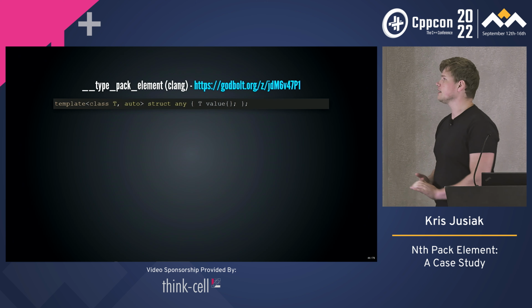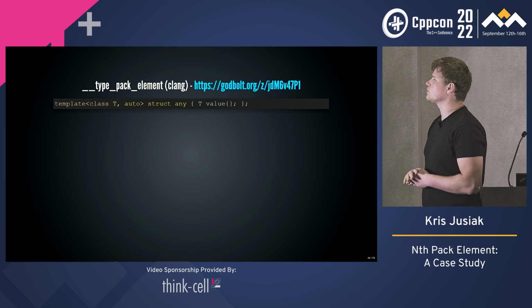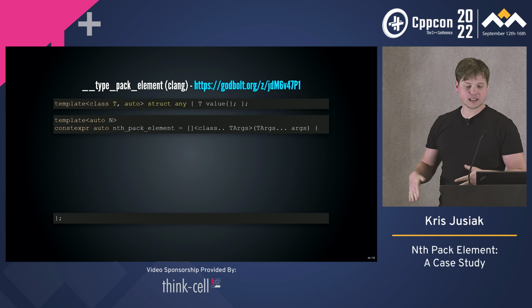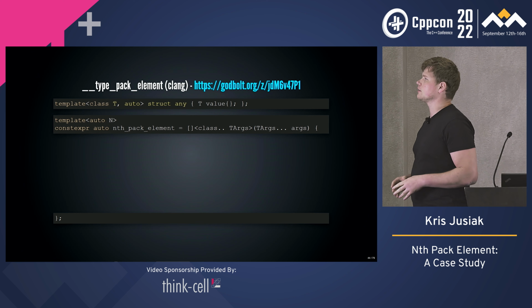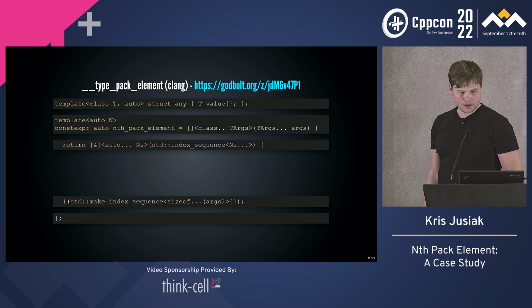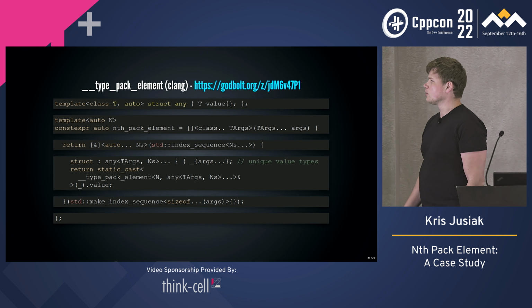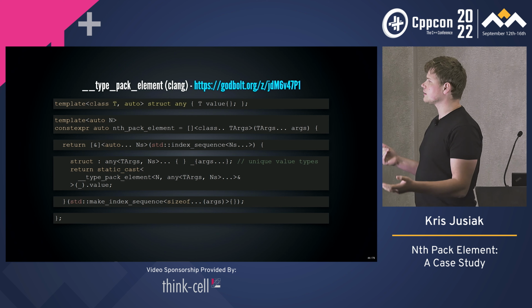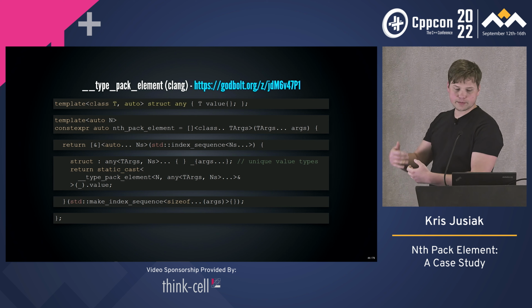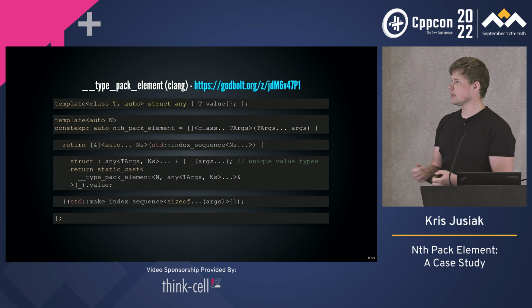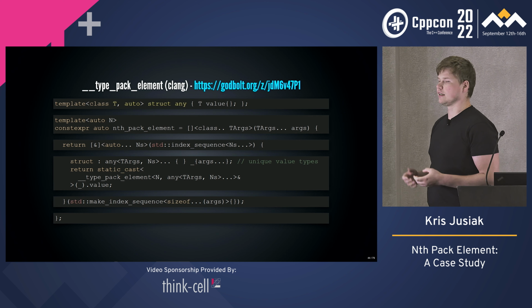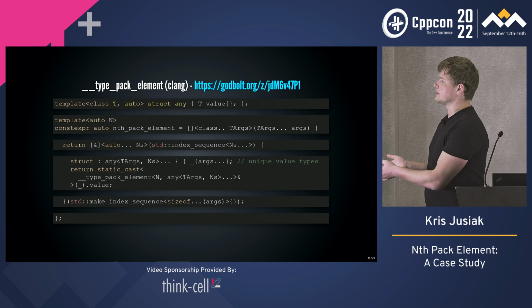Okay, so type pack element is yet another solution which we have. We'll try to apply the same. That will be only for Clang though. So GCC or MSVC or any other compiler doesn't have it. But the premise is the same. We just have the args as a struct, but instead of doing the inheritance and then deducing the type out of N, we can just do the static cast because we actually grab the nth element out of the variadic pack because we know exactly where it's supposed to be.